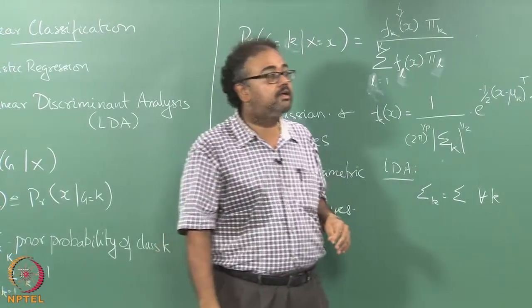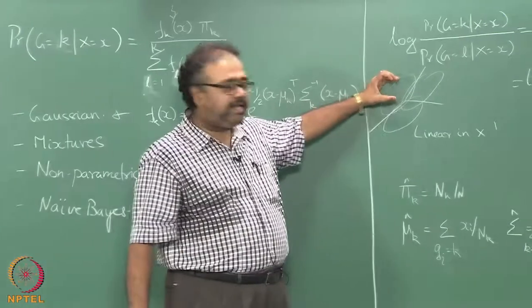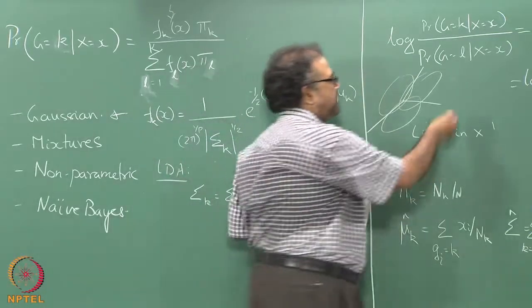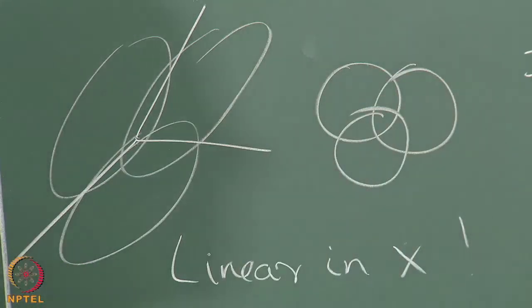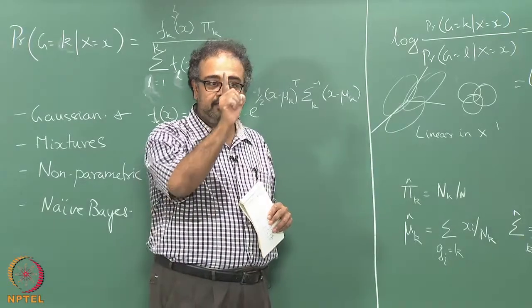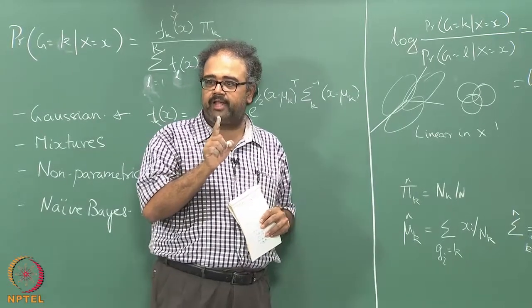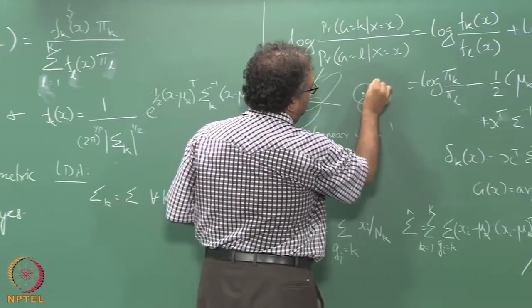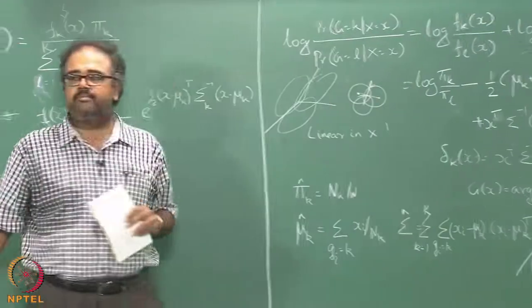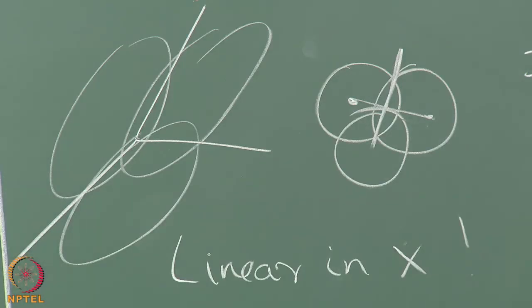If these had been completely spherical, then the separating hyperplane would have been perpendicular to the line joining the means. This is something which I just want you to note.